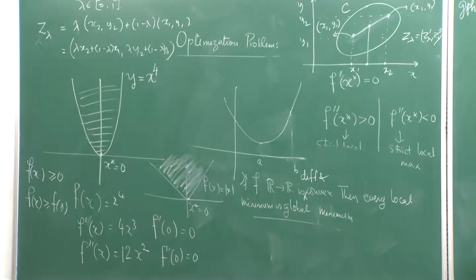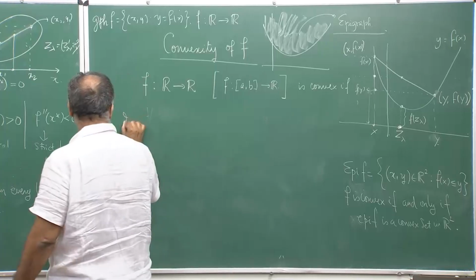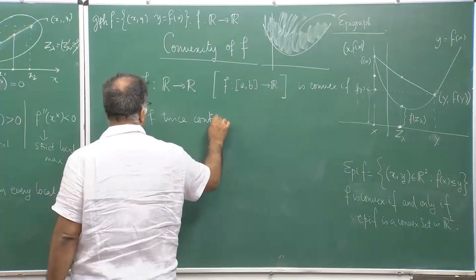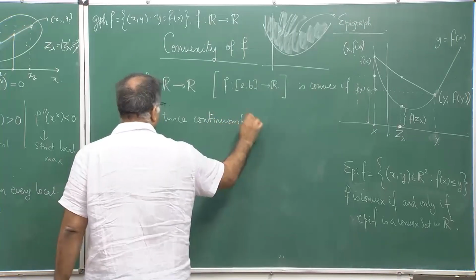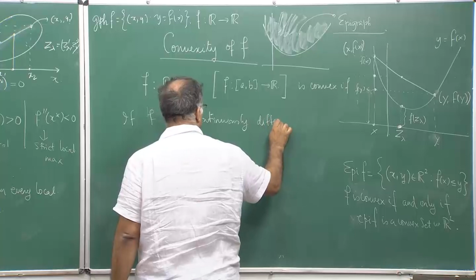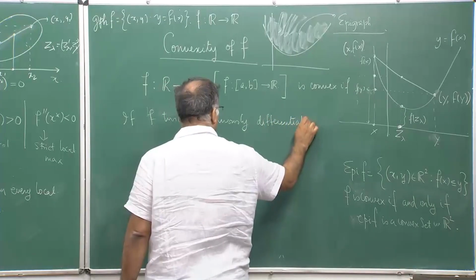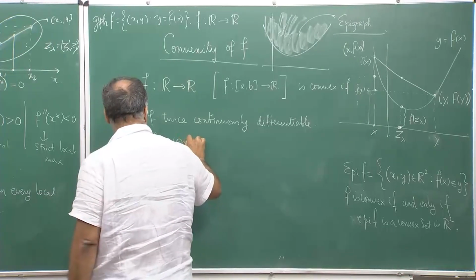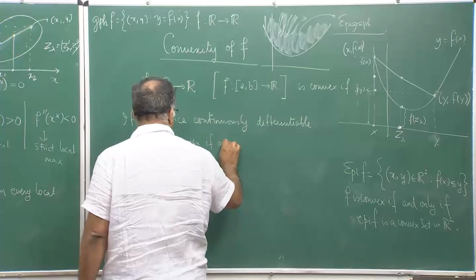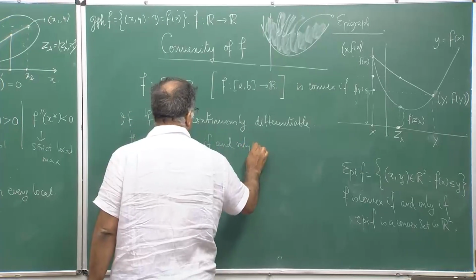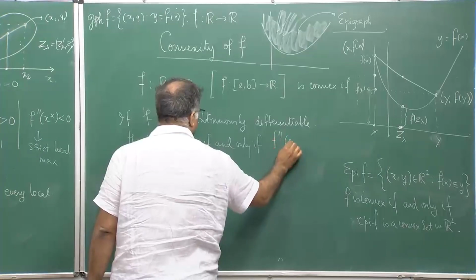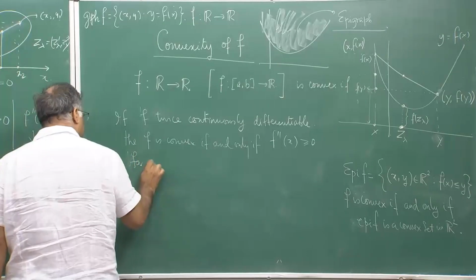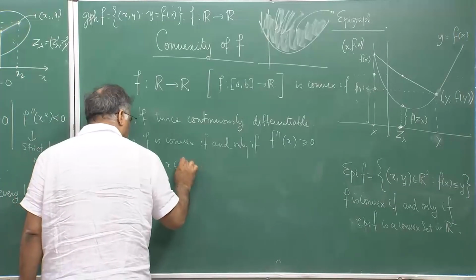If I have a twice differentiable function, if f is twice continuously differentiable, then f is convex if and only if f double dash of x is greater than or equal to 0 for all x in R. This is a very, very important concept.